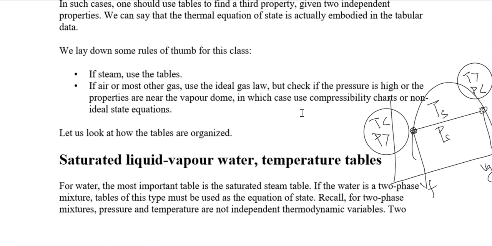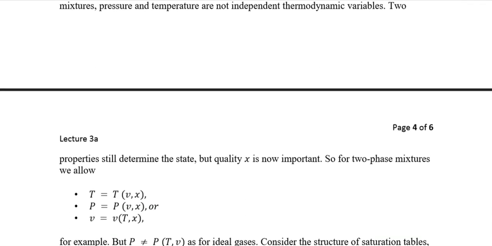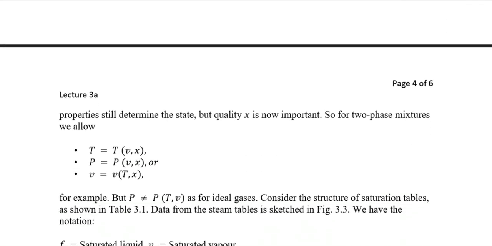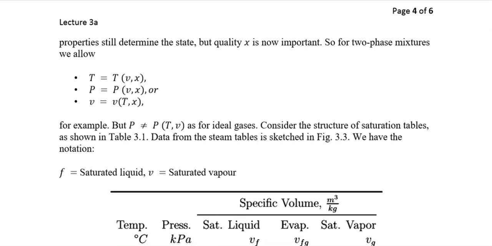If you are talking about a two-phase mixture, this table is the most important. We have two tables: one is the saturation temperature table and one is the saturation pressure table, as we might be given either temperature or pressure.